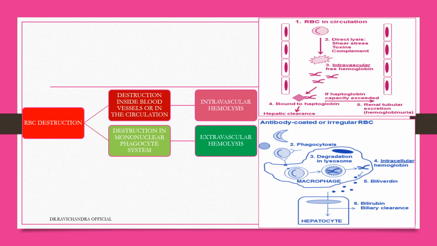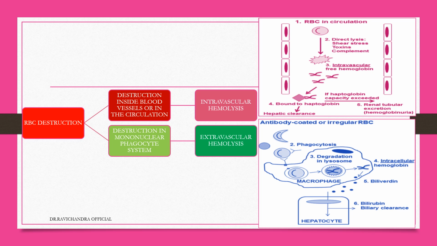RBC destruction can happen within the blood vessels, in the circulation, or in the mononuclear phagocyte system. If the RBC destruction occurs inside the blood vessels or in the circulation, it is called intravascular hemolysis. If it occurs in the mononuclear phagocyte system, that is, outside the blood vessel, it is called extravascular hemolysis.